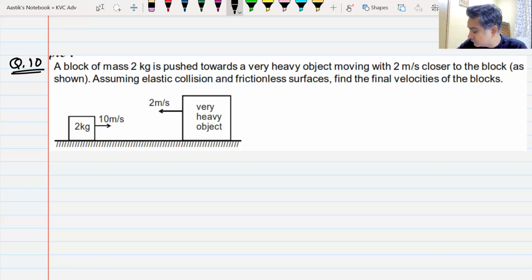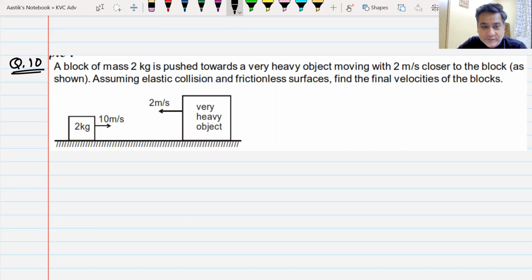Sir, I have taken 10 meter per second in the positive direction, and velocity minus 12 meter per second and minus 2 meter per second. First one is wrong.